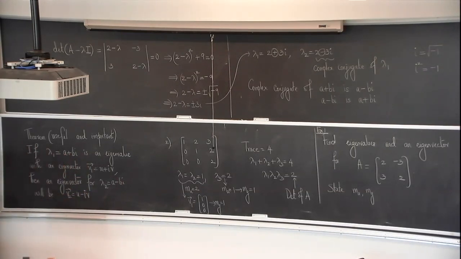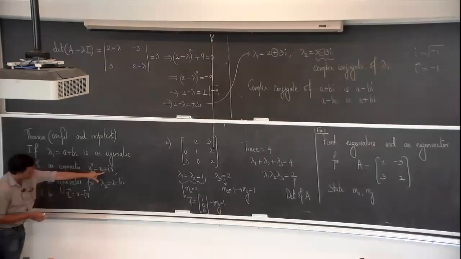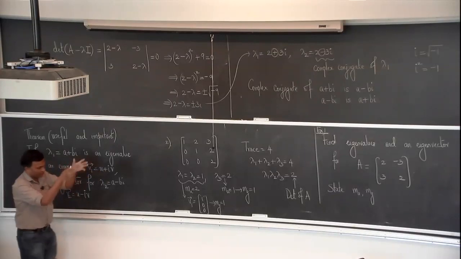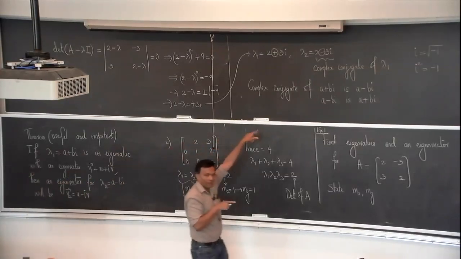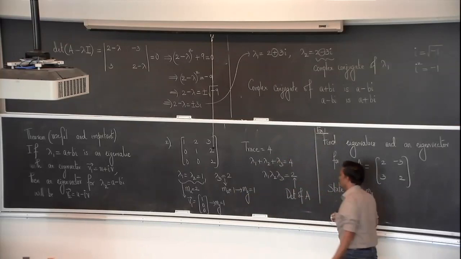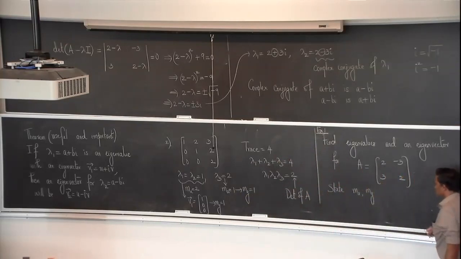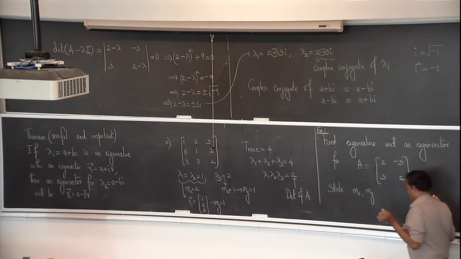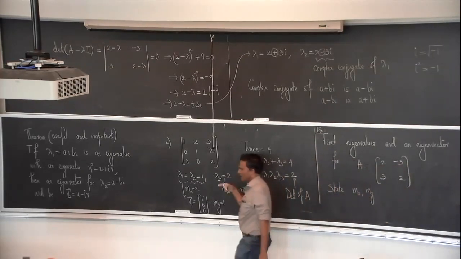So the theorem is saying that if you have a conjugate situation, you don't have to redo the calculations for the second eigenvalue. You can just change the sign to a negative because it came from the same a and b up there. So as much as complex numbers are annoying, it comes with a good thing: you only need to do one eigenvector because the second one is always a conjugate.